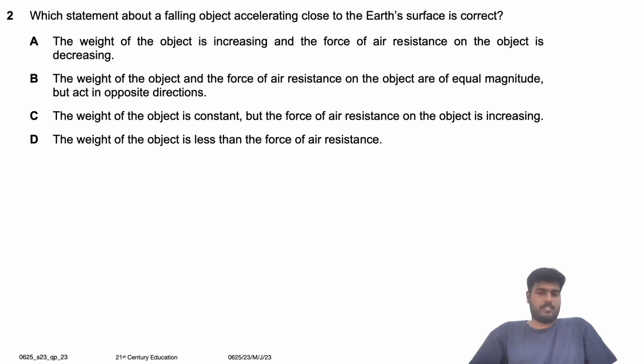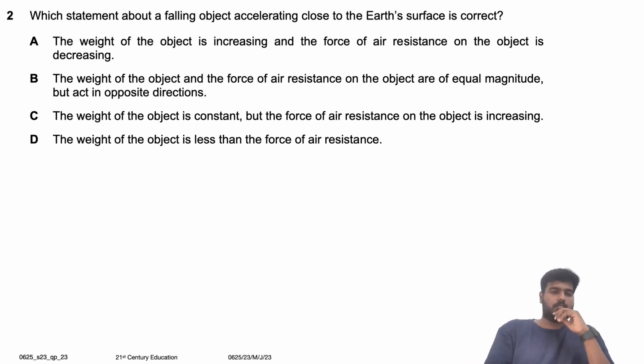Weight of an object is constant because mass is constant. How about air resistance? The air resistance, in this case viscous, is proportional to velocity square. So it's going to increase as the velocity increases. So the air resistance on the object will increase, the weight of the object is constant.